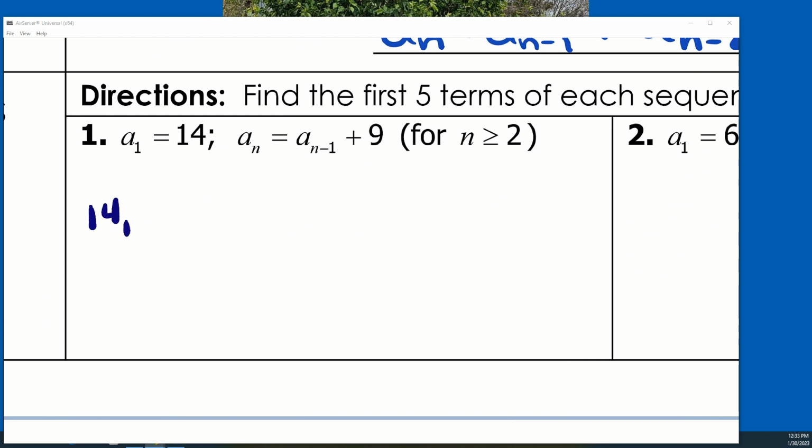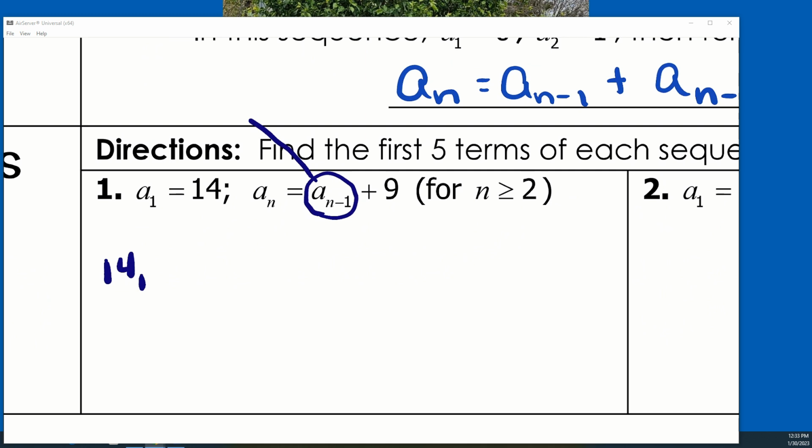All right, so this notation right here means previous term. So what are we going to do to the previous term to get the next one? Not subtract. No, that whole A sub n minus 1 means the previous term. So we're going to add 9. To get the next term, we're just going to add 9.